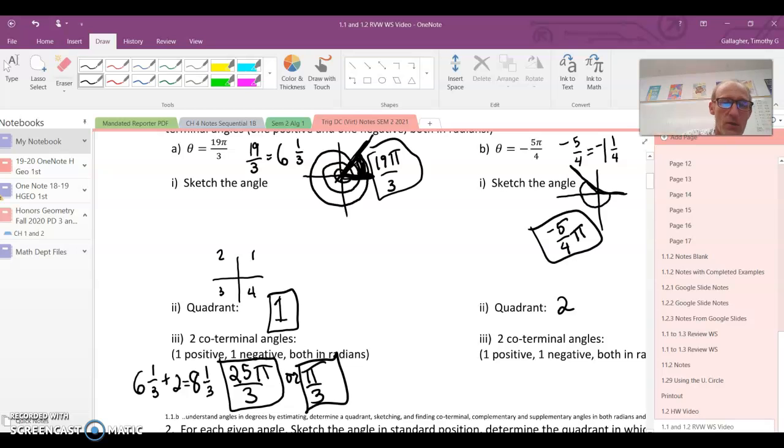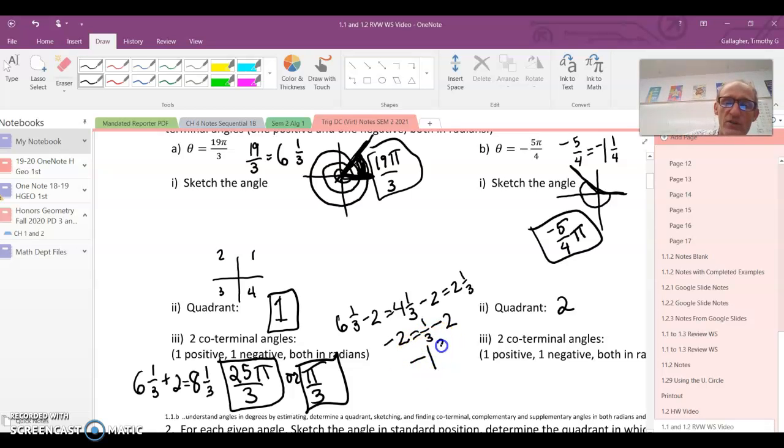Now, the next thing we want to do is find a negative coterminal angle. This gets a little tricky because you might have to subtract 2 pi many times. So 6 1/3 minus 2 is 4 1/3, but it's still positive, so we've got to keep going. Minus 2 is 2 1/3. Minus 2 again is 1/3. Minus 2 one more time, and you get negative 1 2/3.